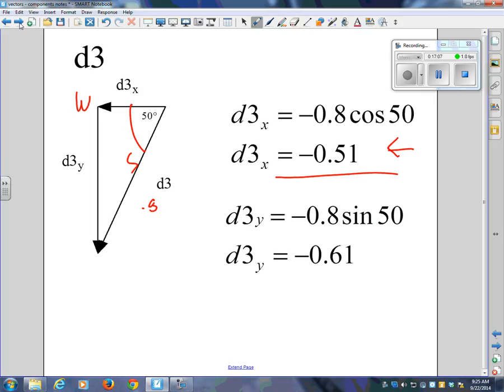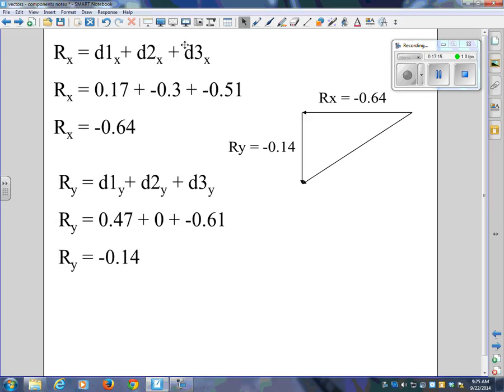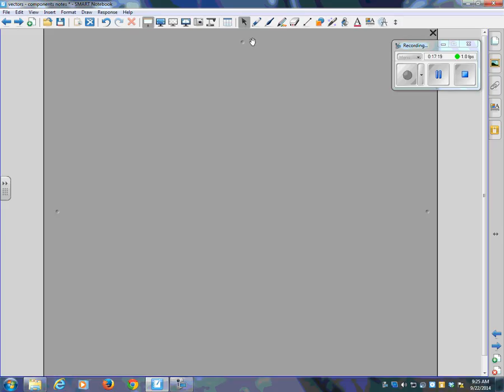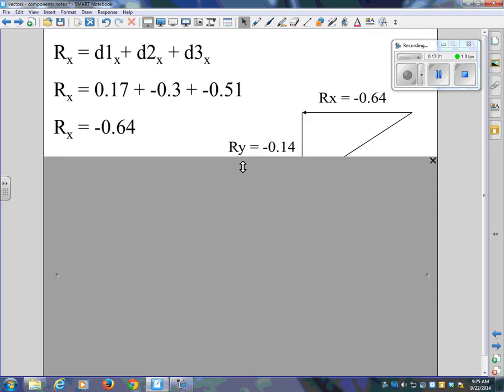Okay. And this is where it sort of becomes almost magical how easy it is. I'll pause for a second. The next step is to add all the x's together. Here it is here, right here. Okay? Rx, which stands for what? For me?